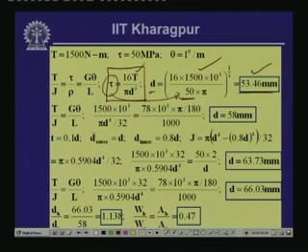Also, we will have to satisfy both the criteria, that shear stress cannot exceed 50 megapascal and the angle of twist cannot be greater than 1 degree per meter length.